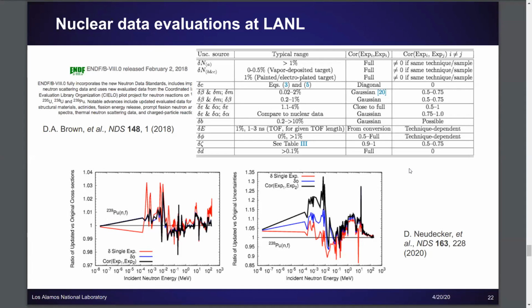And she found that this can actually have a very large impact on your resulting mean values. These two plots show the changes of the mean value and uncertainty compared to the baseline calculation for including different types of uncertainties: full knowledge for a single experiment, correlated within experiments, and correlated between experiments.